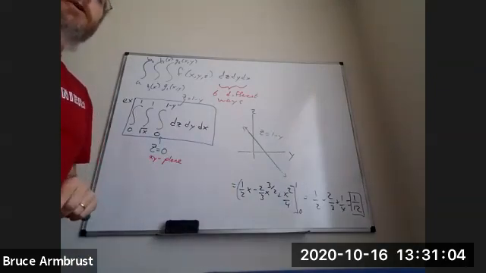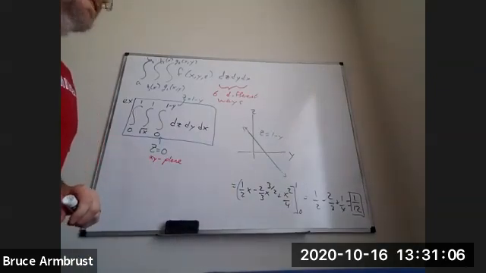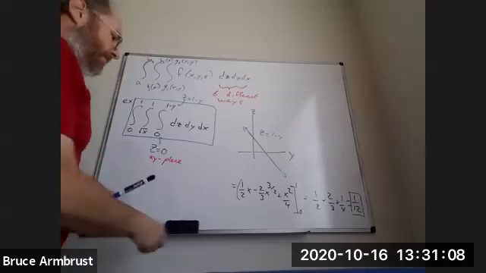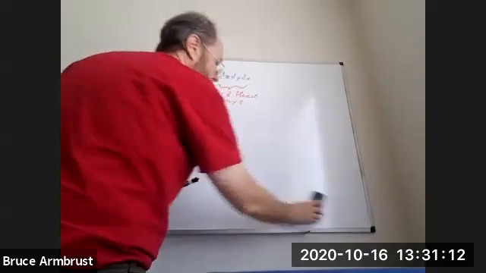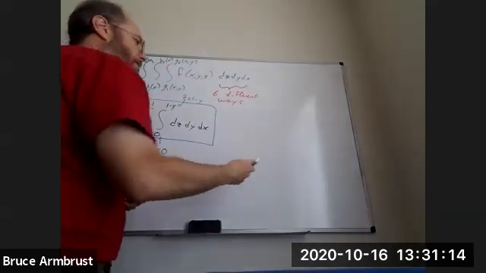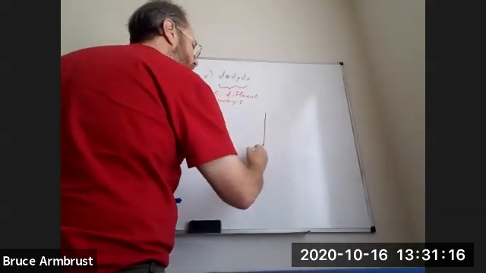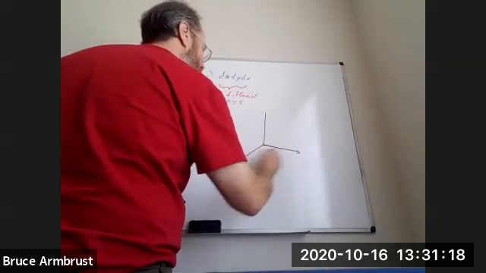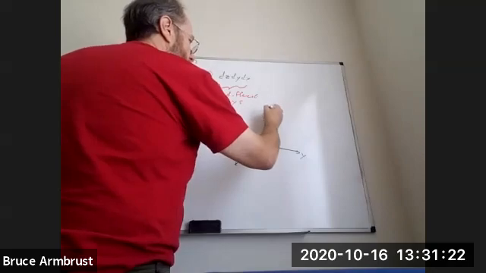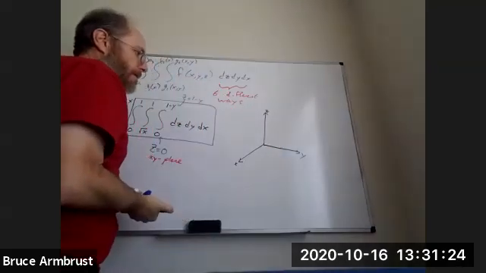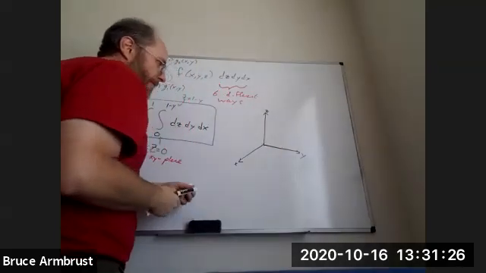All right, so let's get back to the integration man and what this looks like. Now I'm going to try to draw this in 3D. I'm going to do my best. All right, so here's our x, our y, and our z. And so what we have is a plane.